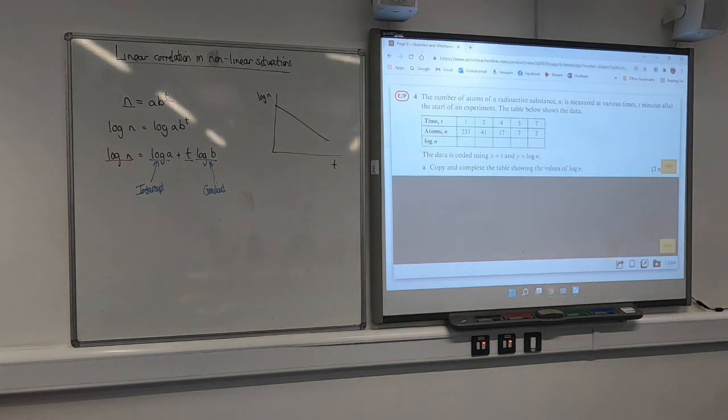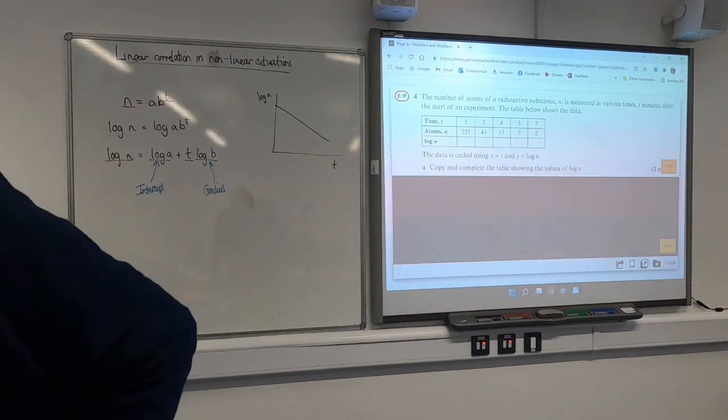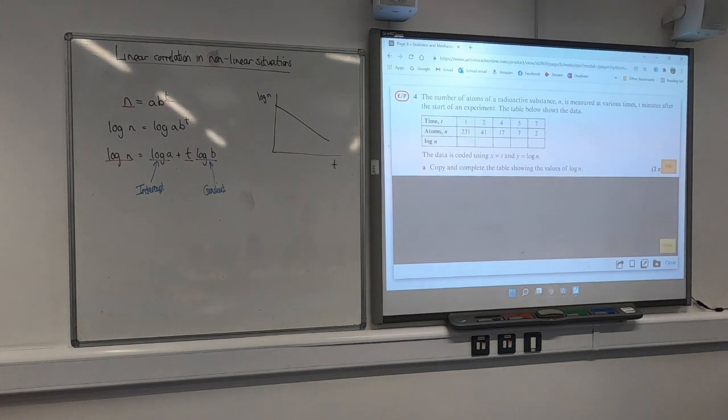And the great news is that you can type that in on your calculator without actually having to work out the log yourself. So you can type 1, 2, 4, 5 and 7 in your first column, and in your second column it will let you type in log 231, log 41, log 17.